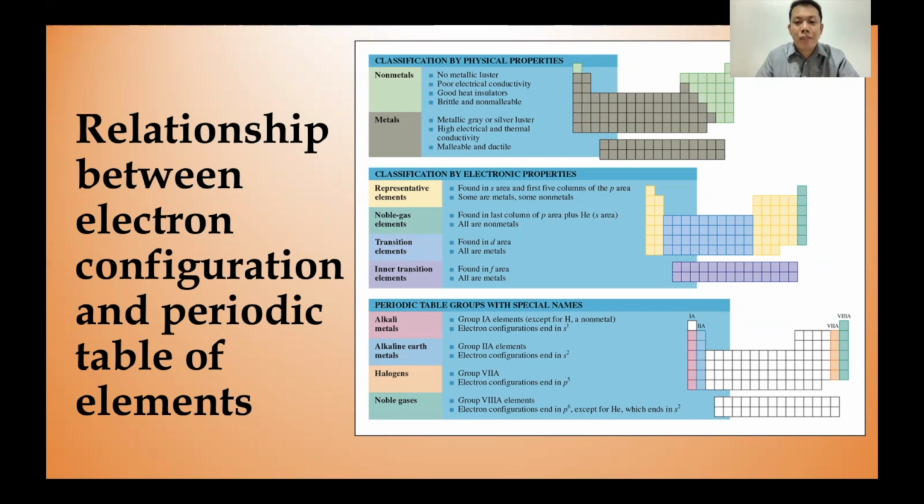Meanwhile, the periodic table groups with special names like alkaline earth metals, alkali metals, halogens, and noble gases are also labeled in the periodic table. So this particular arrangement can tell us that the elements in the periodic table are arranged according to their property.